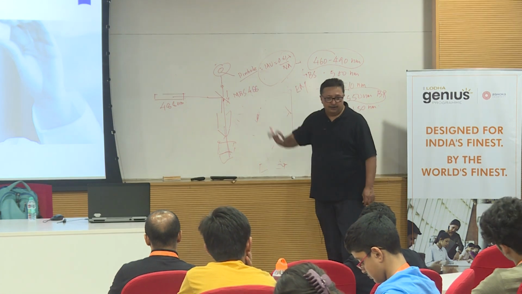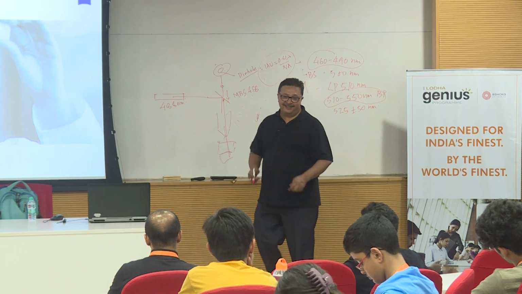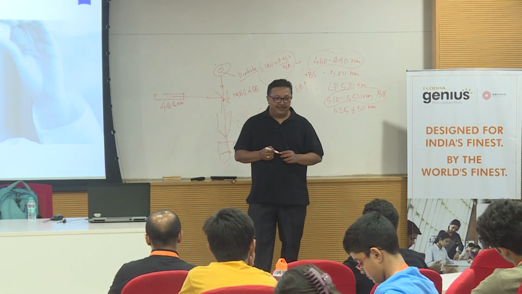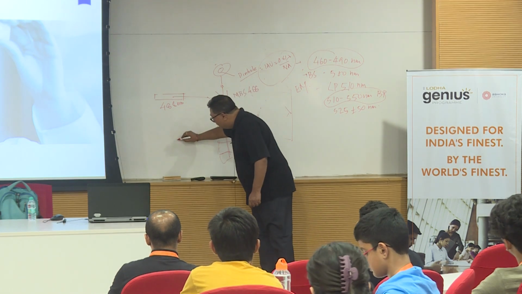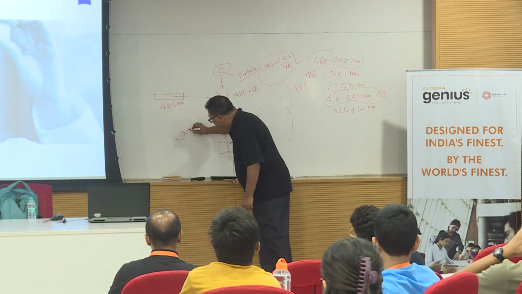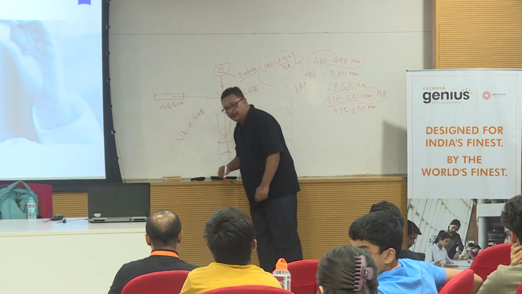What is NA? Numerical aperture. So what is numerical aperture now? N into sin theta. Very good. So NA is N into sine alpha or sine theta. What is this theta?